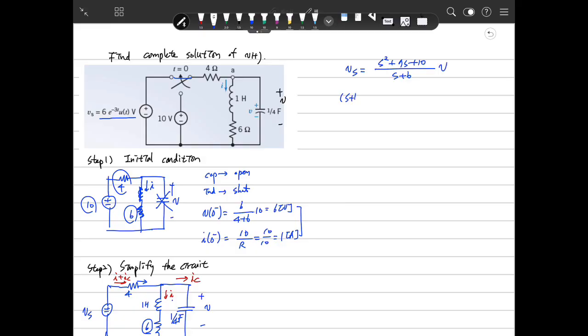Therefore, (s plus 6)Vs equals (s squared plus 7s plus 10)V.